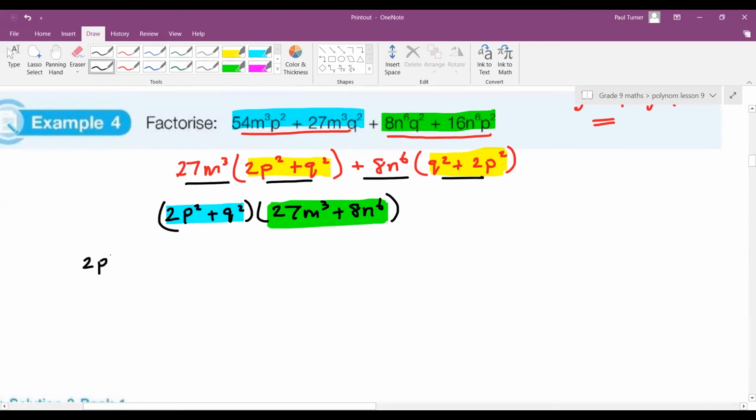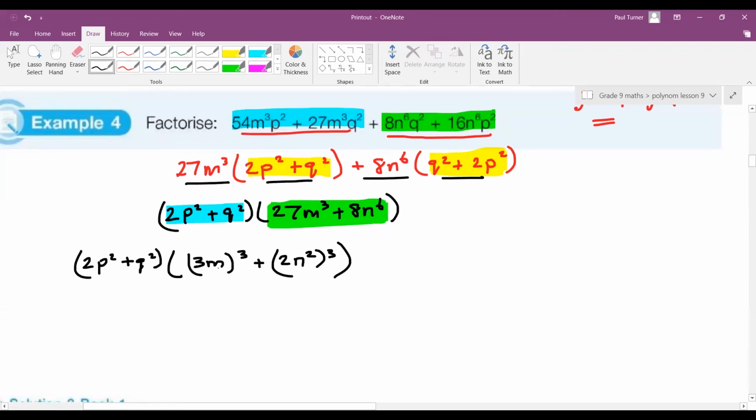So let's write the first one again. So 2p squared plus q squared. Now 27m cubed would be 3m all cubed, like that, plus 2n squared cubed, like that.